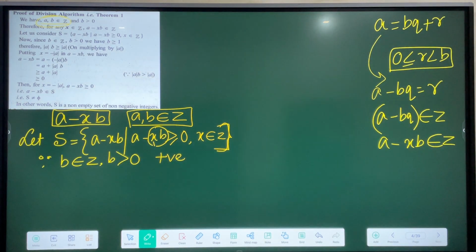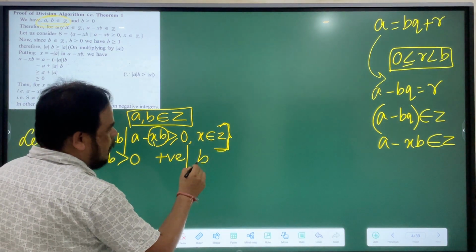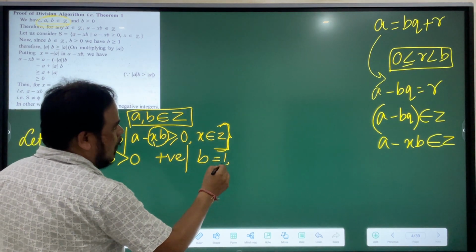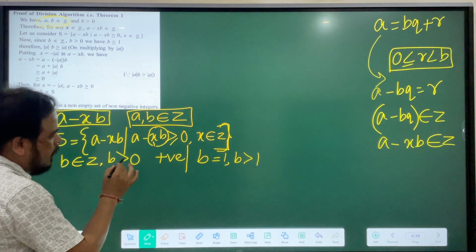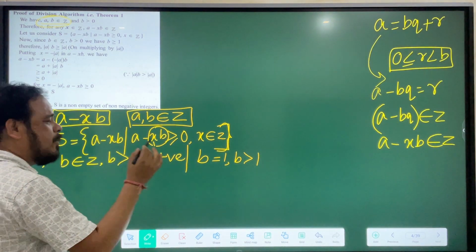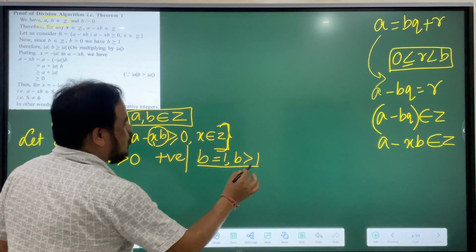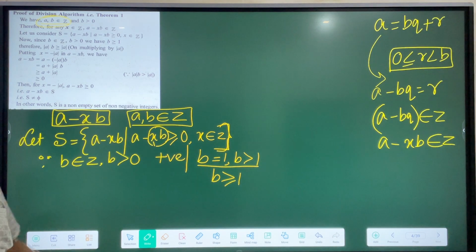Now, if b is greater than 0, then what can be written? b is equal to 1 or b is greater than 1. Can you write this? b is greater than 0, so b is equal to 1 or b is greater than 1. How can you write this shortly?